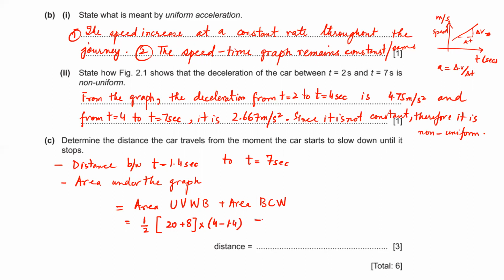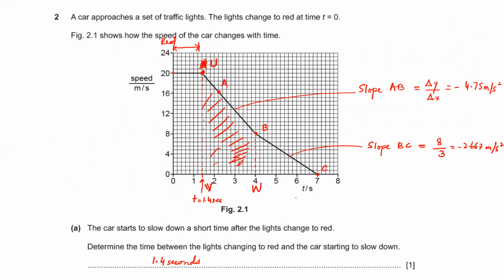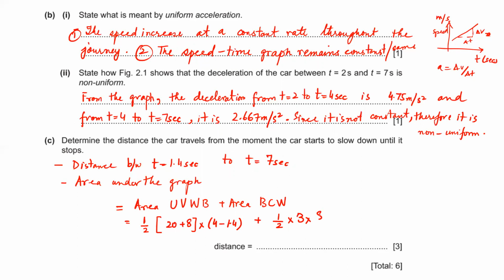This is the area, plus the other part, which is half the base, 3, into the height, which is 8. If we find the area, it comes out to be 48.4 meters. So distance is 48.4 meters.